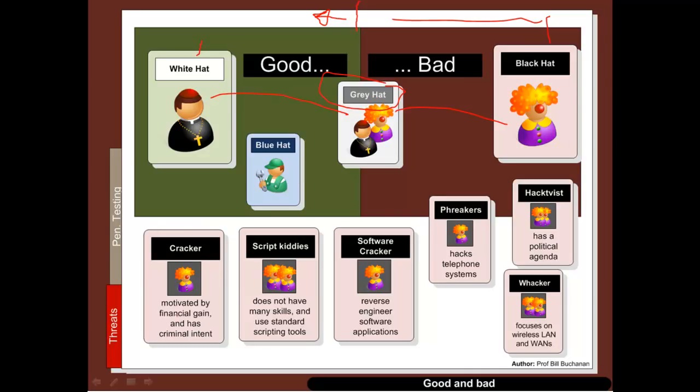Some of the other roles that we might see is a cracker, who is motivated by financial gain, and they typically have some criminal intent. We have script kiddies, and script kiddies often do not have a strong technical background and are using standard tools to be able to attack systems.